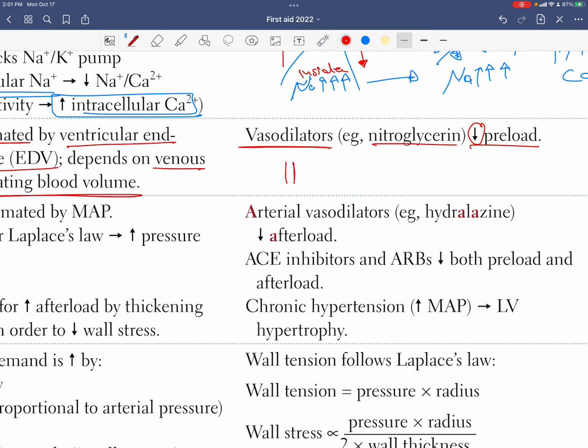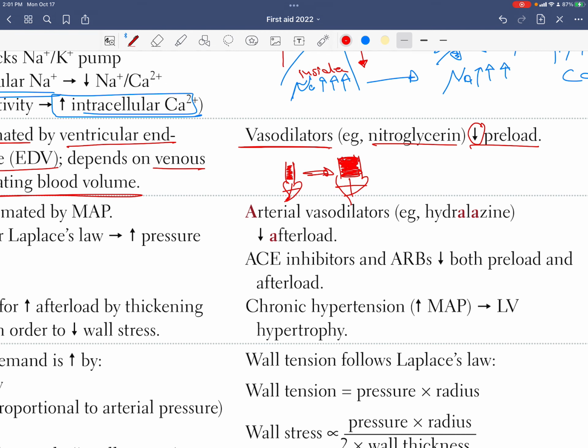So if we have vasodilators like nitroglycerin, that would reduce the preload. So this is a normal vessel, and it has a specific amount of blood in it, ending up in the heart. If we give vasodilators, then the vessel would go larger, but still it ends up at the heart.